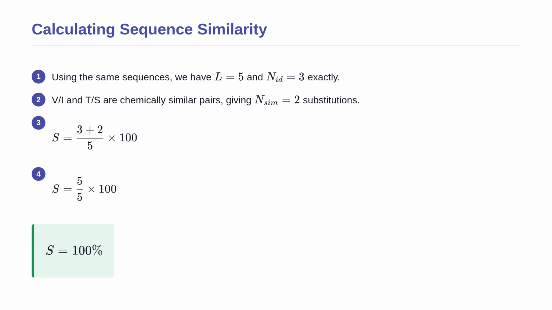We add our 3 exact matches to our 2 similar substitutions, giving us a total of 5 positive scoring positions for the numerator. Dividing 5 by 5 gives exactly 1. Multiplying by 100 means the sequences are 100% similar. Physically, this means every single mutation preserved the chemical nature of the amino acid, strongly implying they perform the exact same biological function.